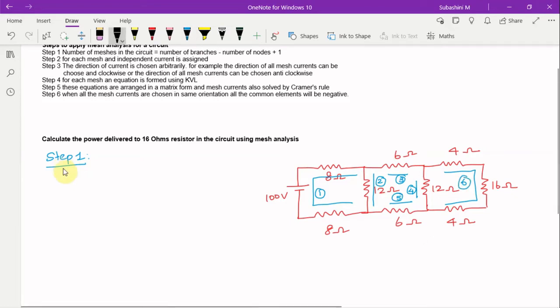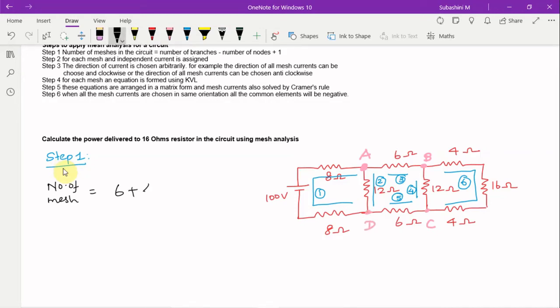To find out the number of meshes, first you have to find out the number of branches in the circuit. We have found the number of branches to be 6, and we can identify the number of nodes as follows. You can see the nodes A, B, C and D. So how many nodes do we have?